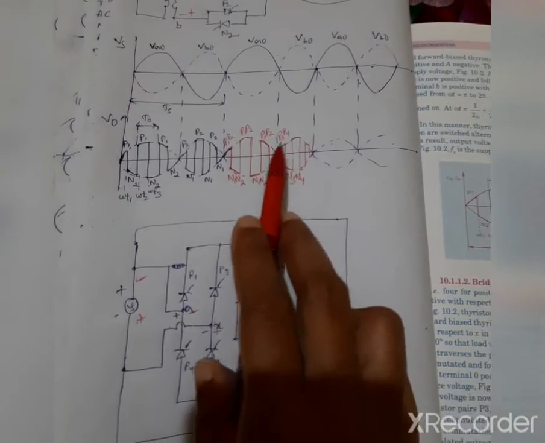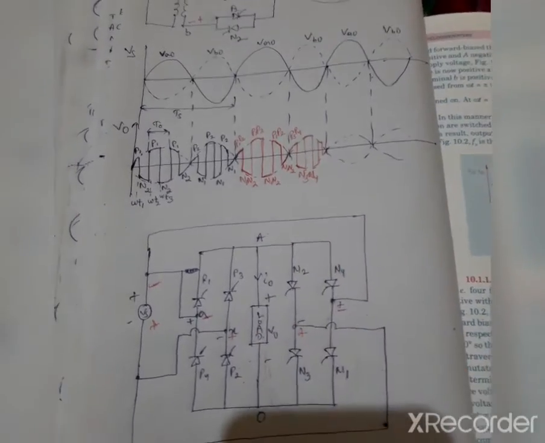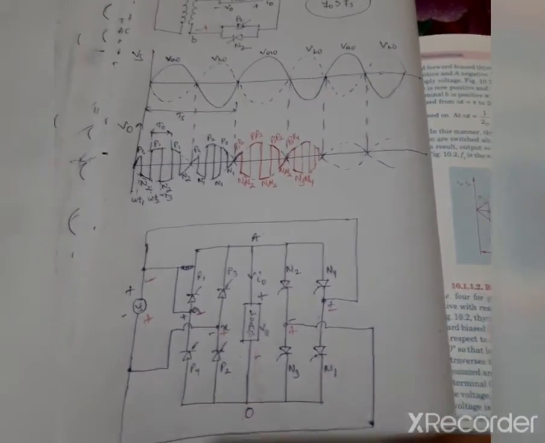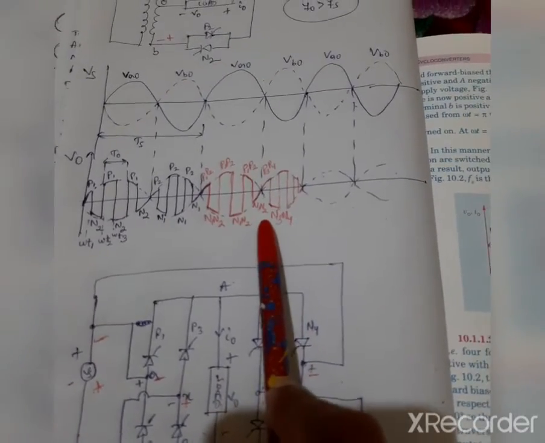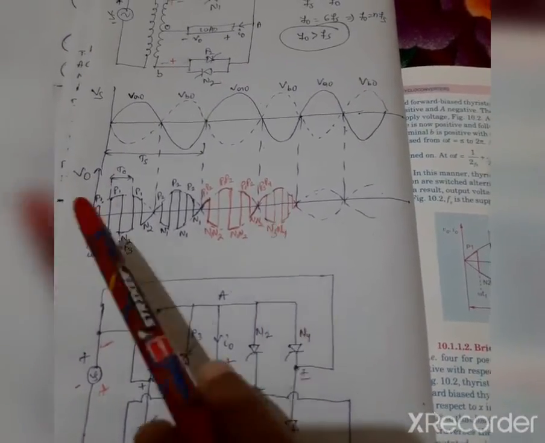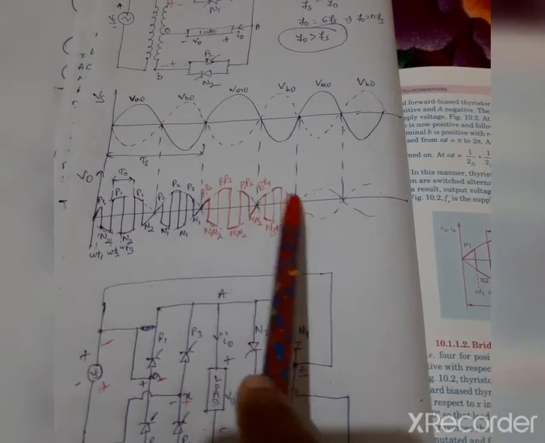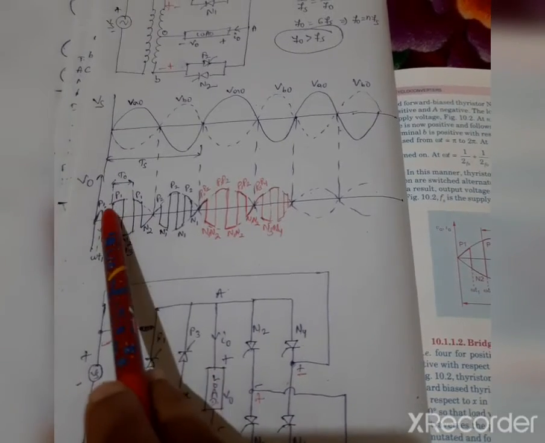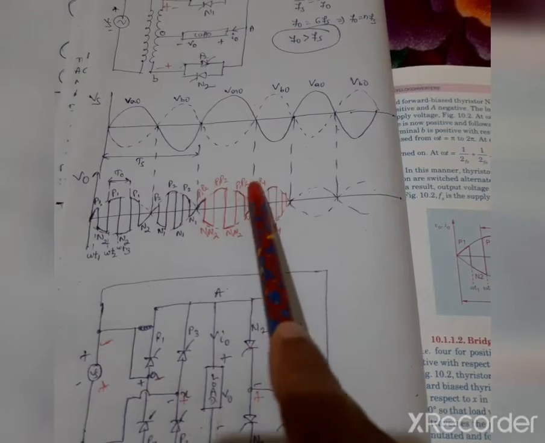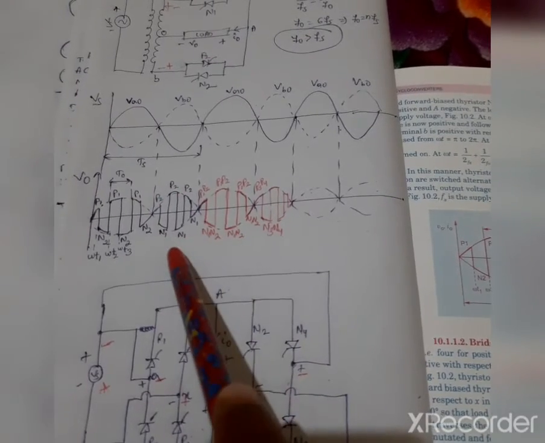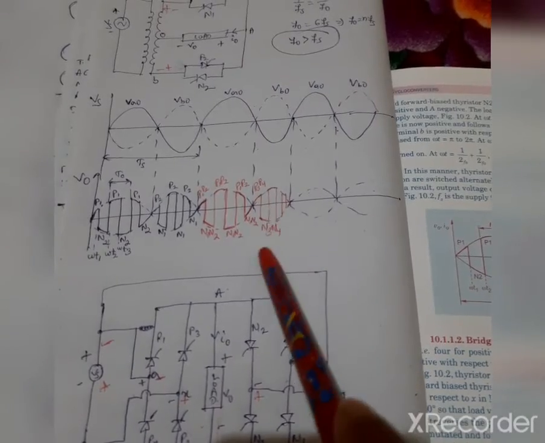So P3 P4 and N3 N4 are alternatively triggered and force commutated. This is the circuit diagram for the bridge type. It is similar to the midpoint type, just the number of thyristors is changed. Here P1 P2 N1 N2, here P2 N1, and here P3 P4 N3 N4.